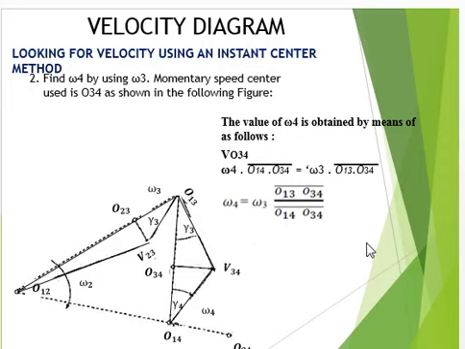After that we can rearrange this equation to find omega 4, or the angular velocity of link 4. This radius moves to the right side, so omega 4 equals omega 3 multiplied by the radius O13 O34 divided by the radius O14 O34.